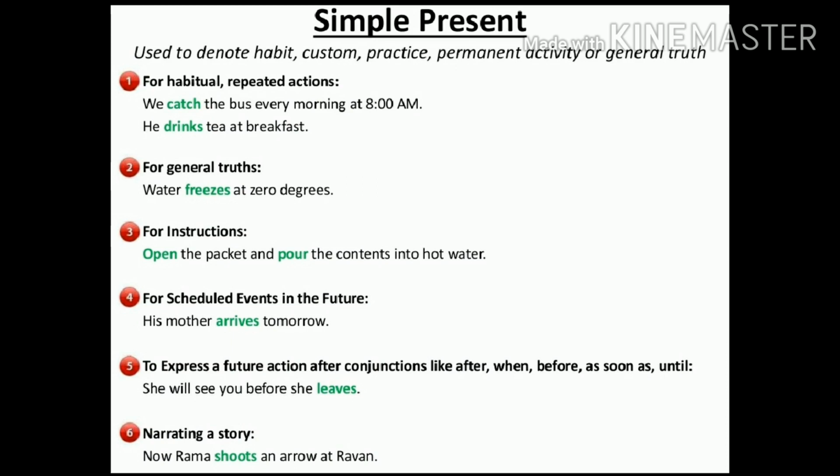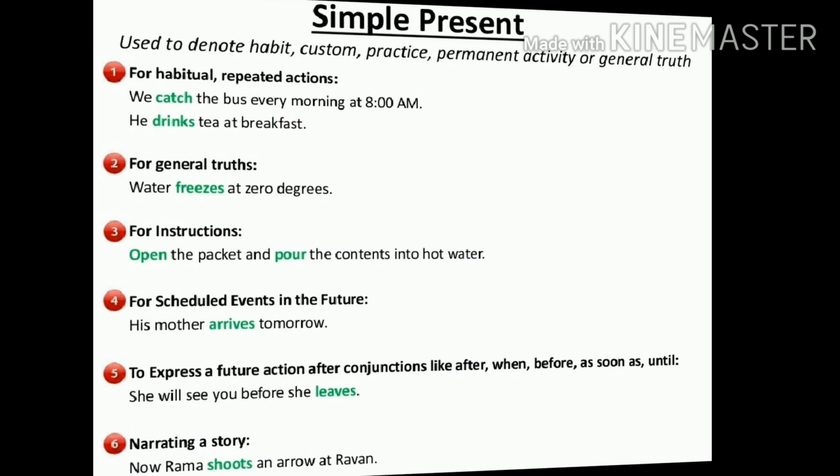So simple present is used, and like in third point for instructions, similarly in sixth point for narrating a story also, we use simple present tense only. So for habitual actions, repeated action, for general truth, for instructions, for narrating a story, or for events which are fixed to take place in future, or to express any future action after conjunctions, we will use simple present tense. Simple it is, right?